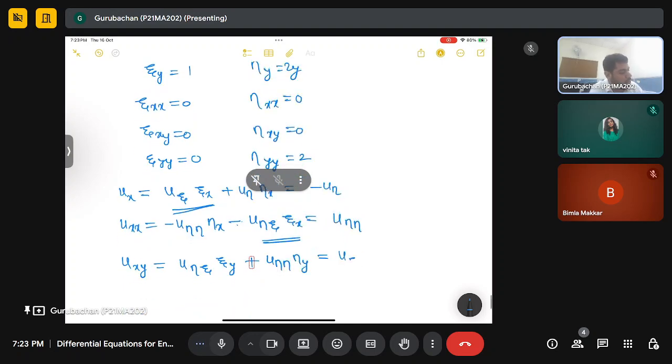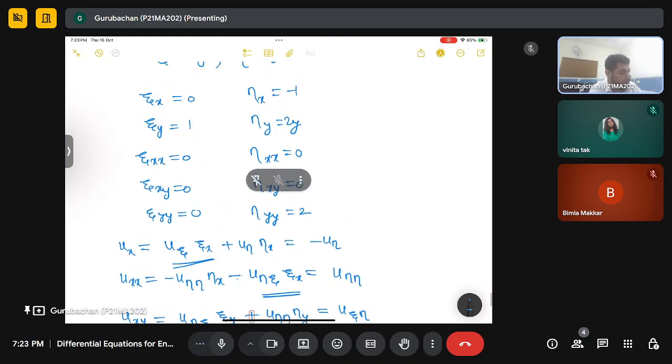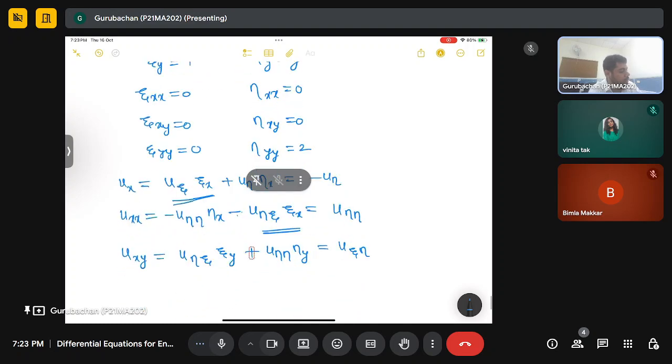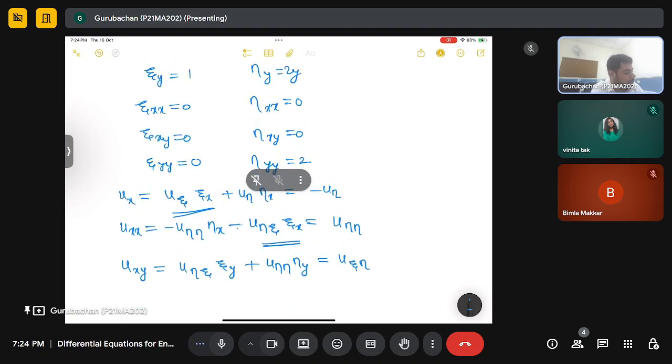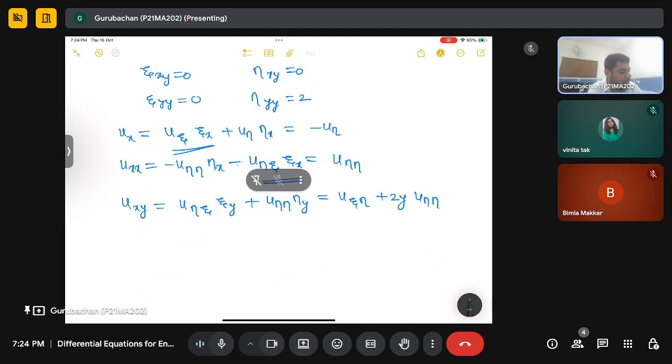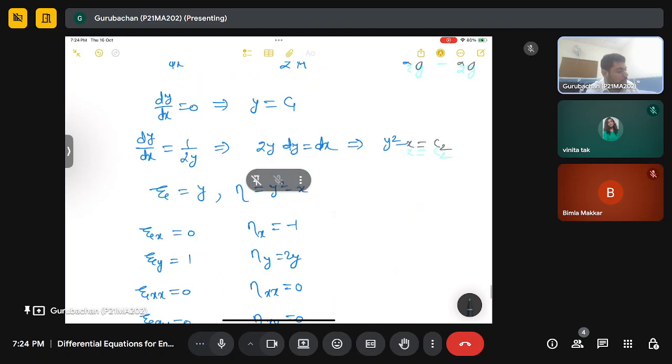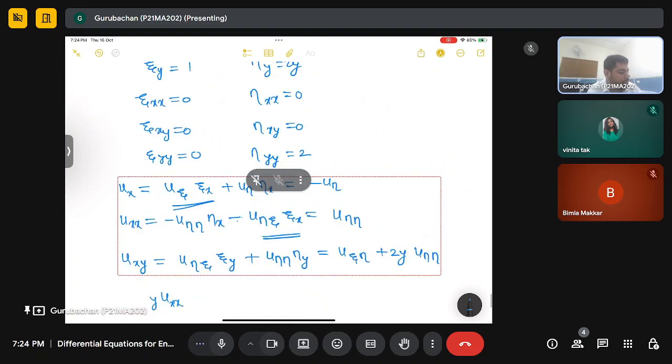This will be u xi eta something, and the next one will be u eta and eta y, which will give us 2y u eta. So let us substitute in the given equation. The given equation is y times uxx plus uxy.